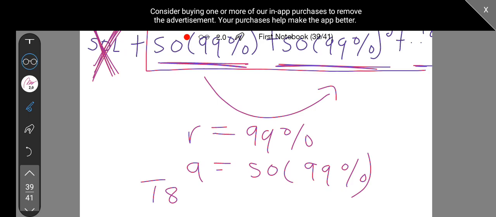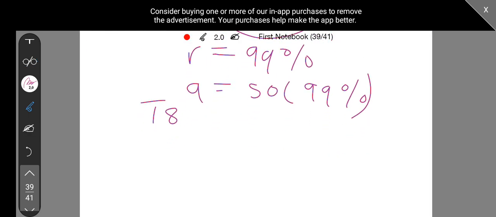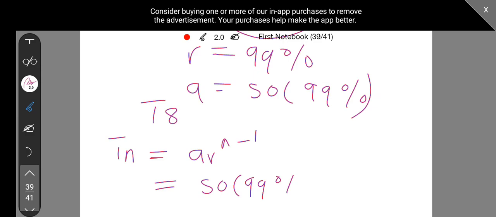Because it's a geometric sequence, we're going to say that Tn is equal to a r to the power of n minus 1. Because we want T8, we're going to use the formula for Tn. The first term is 50 multiplied by 99%, multiplied by 99% to the power of 8 minus 1.